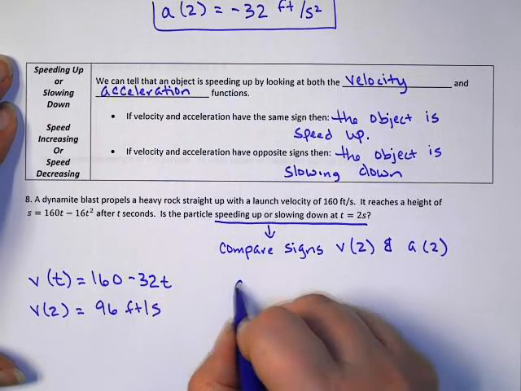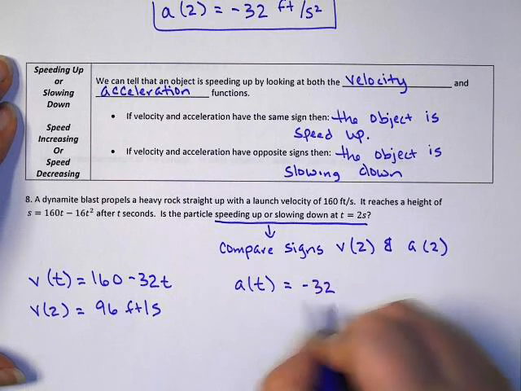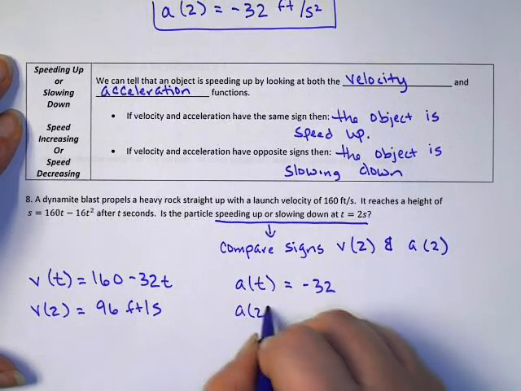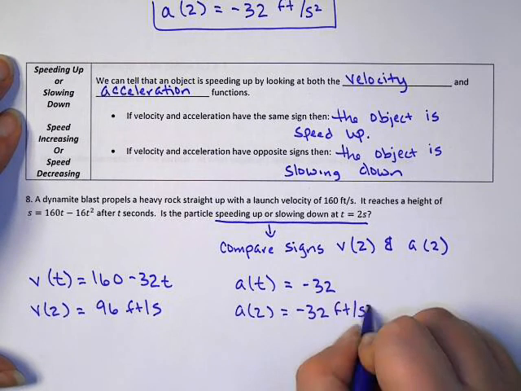And we found that the acceleration function is negative 32 regardless, and so a of 2 is negative 32 feet per second squared.